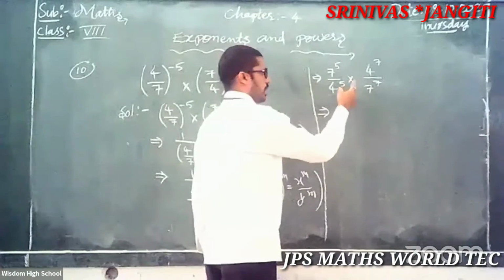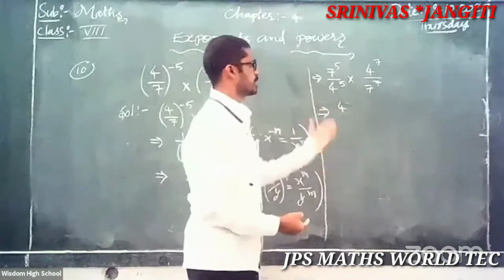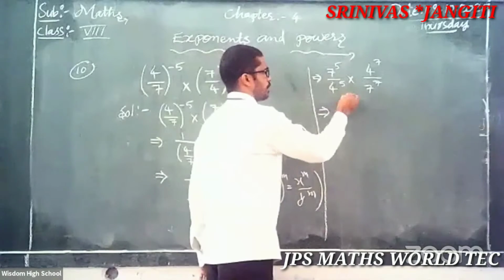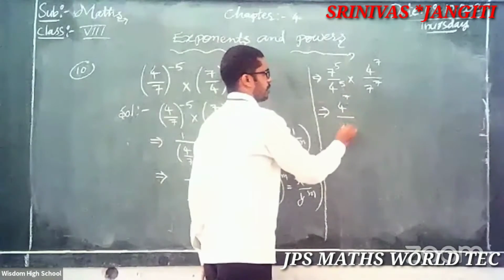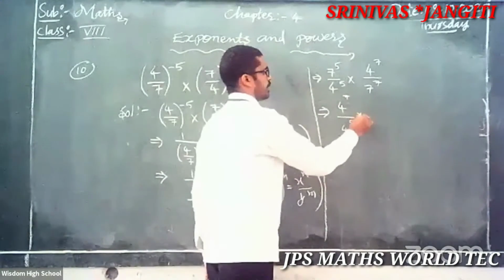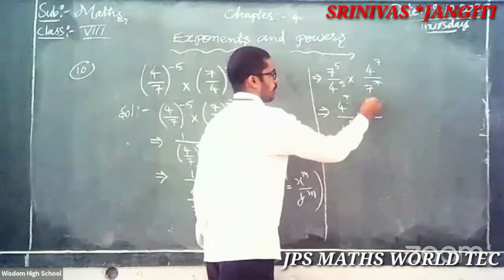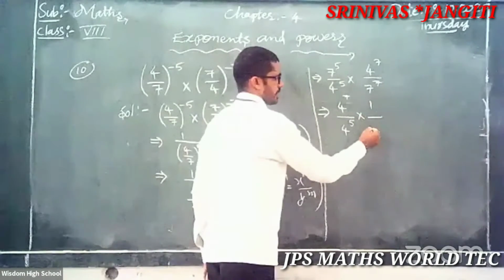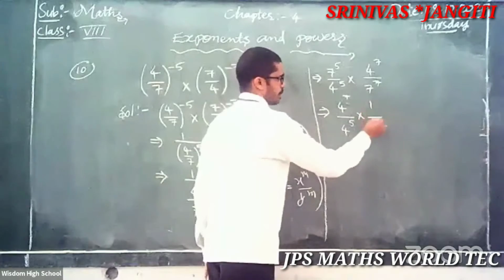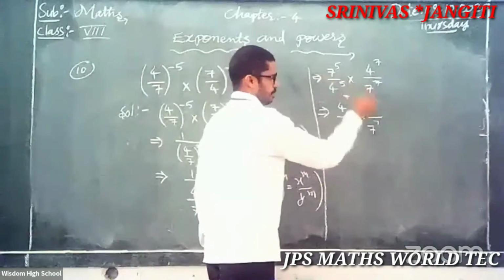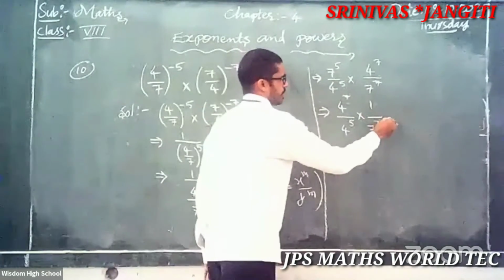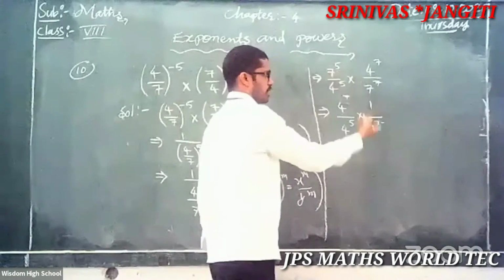Right? Or if you write one extra step, also not a problem. How that is, you observe: 4 to the power of 7 by 4 to the power of 5, into what is here? 1 by what is here? Tell me. 7 to the power of 7 minus 5. Any problem? It is here. This one down.